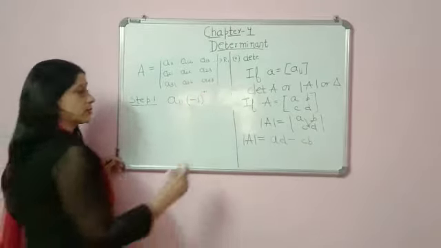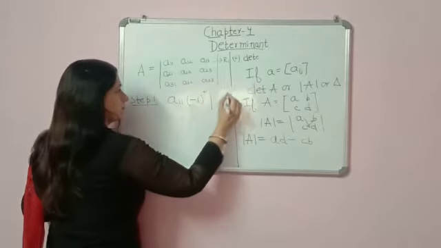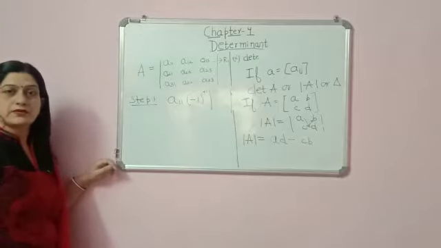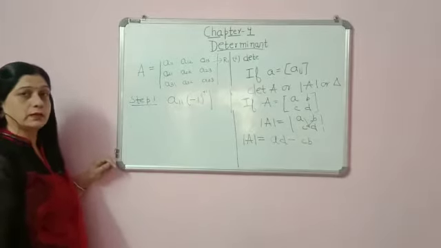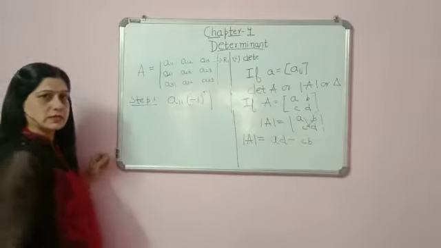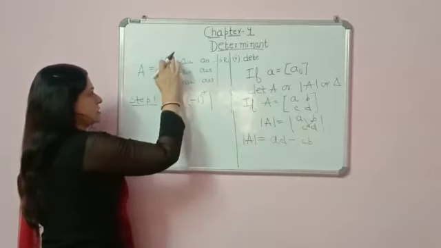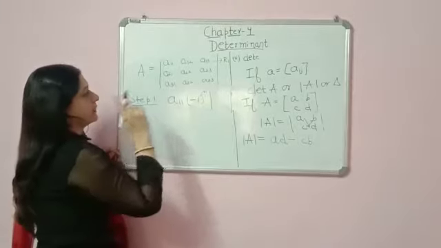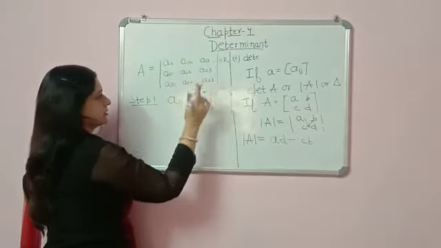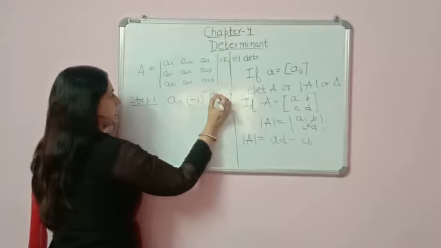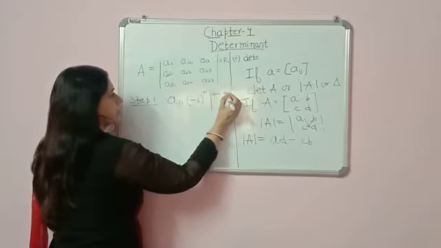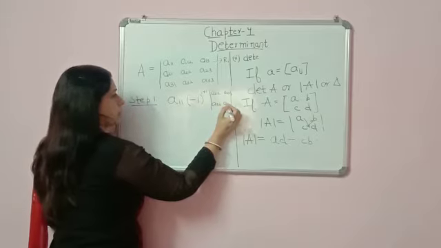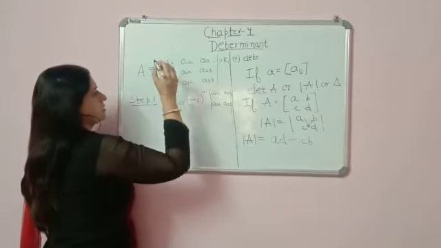Then this product is multiplied by the matrix obtained by deleting the ith row and jth column. Since this element belongs to the first row and first column, we multiply it by the submatrix a22, a23, a32 and a33.